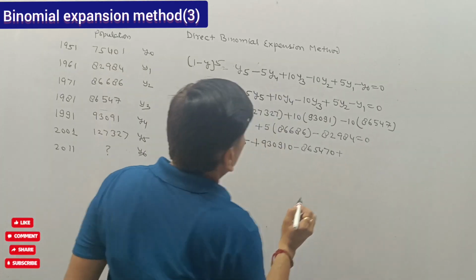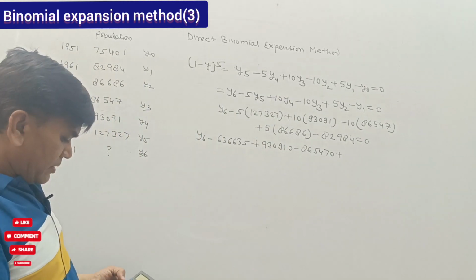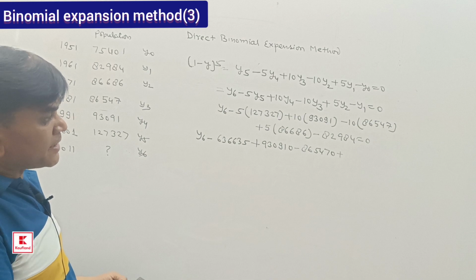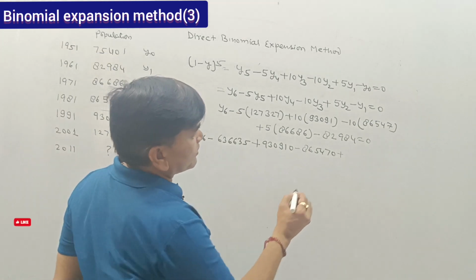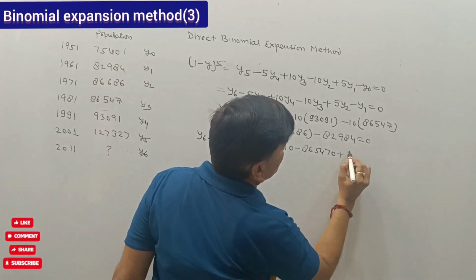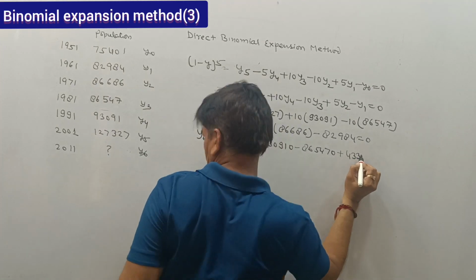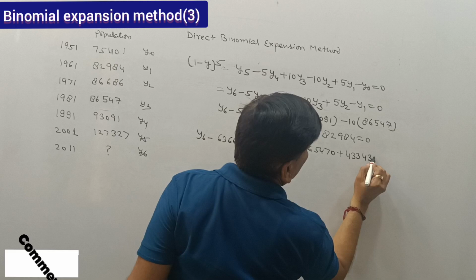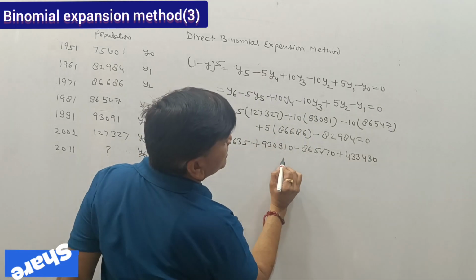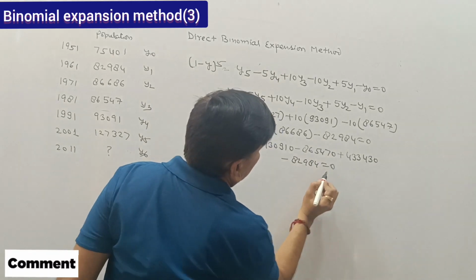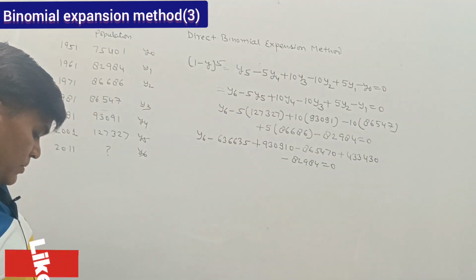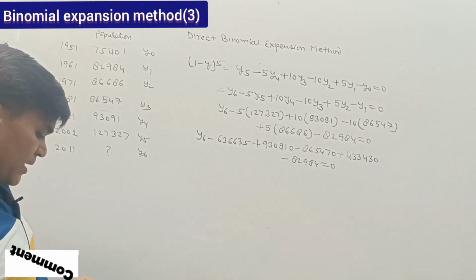Then 5 multiply by 86686 is plus value, 433430. And the last value is 82984, which is minus value.